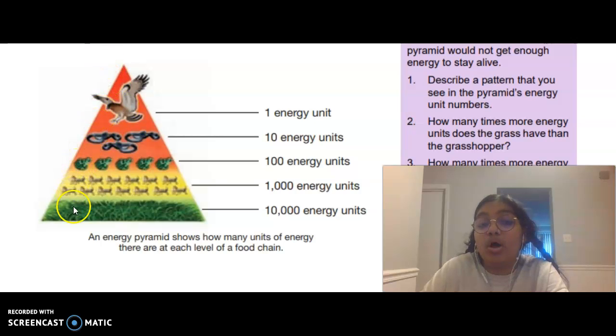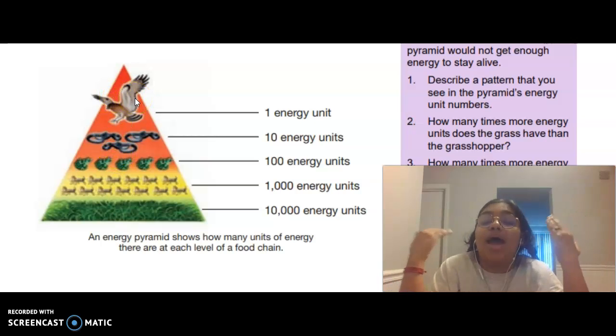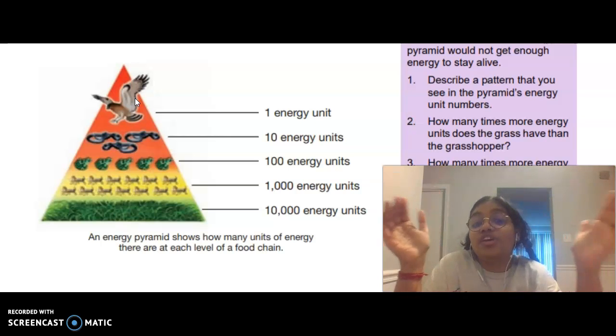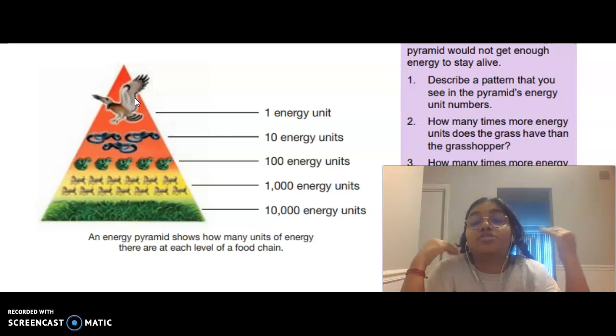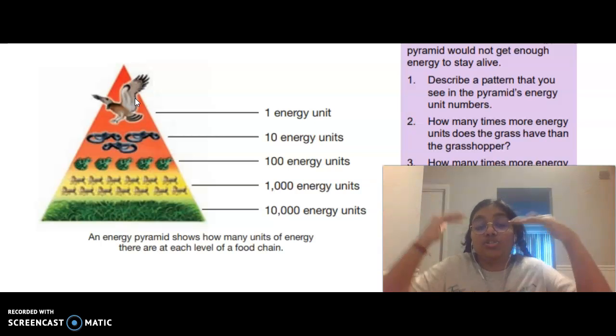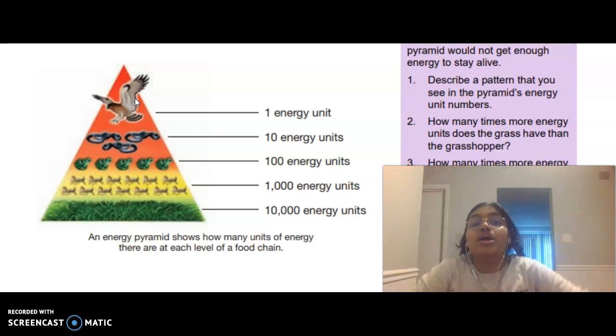This is an example of a food web, right? So as you go higher and higher in the food web or food chain, the energy that is passed on to each level significantly decreases. It becomes smaller and smaller, and less energy is available as you go higher and higher.